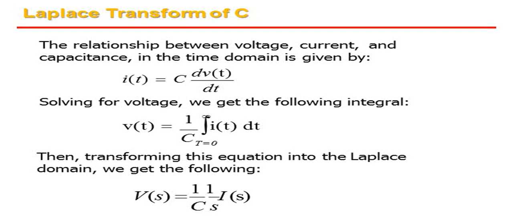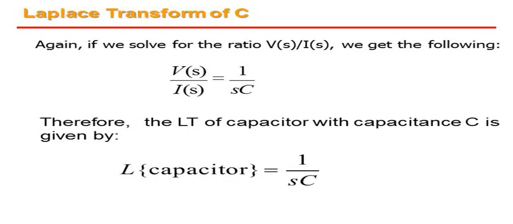Then transforming this equation into the Laplace domain, that is by taking the Laplace transform of this equation, we will get: v(t)'s Laplace transform is V(s). Then 1/C is a constant term, so it is kept as it is. Then the Laplace transform of ∫ i(t) dt is 1/s times I(s).